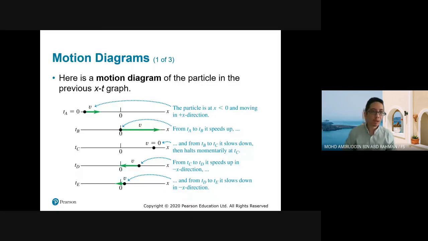Now we are looking at the motion. This is called the motion diagram. So for the motion, let's say first the particle is at x less than 0 and moving in the positive x direction.